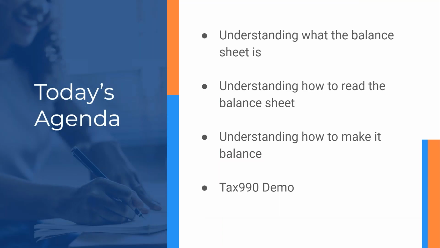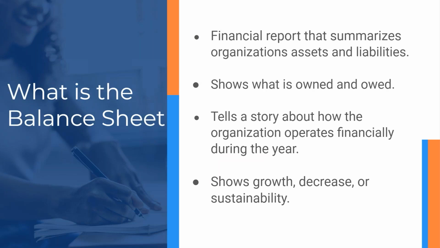During today's presentation, we will look at understanding what the balance sheet is, understanding how to read the balance sheet, understanding how to make it balance, most importantly, and we'll take a look at a demo of completing the balance sheet in Tax 990.